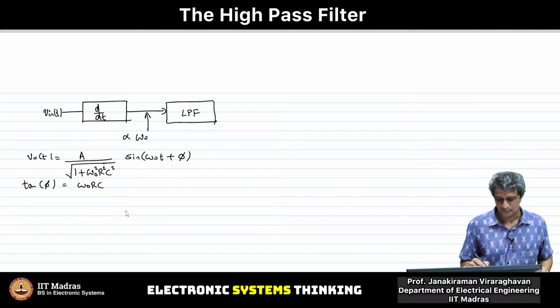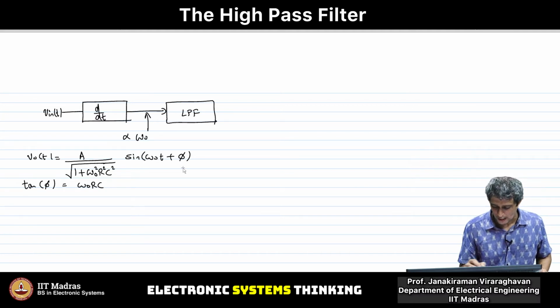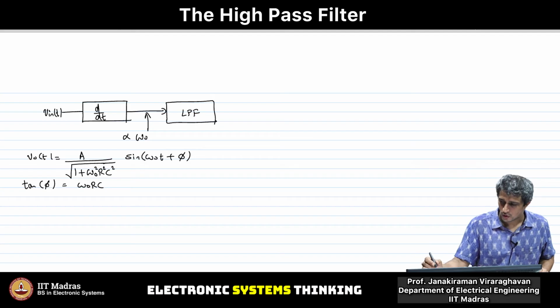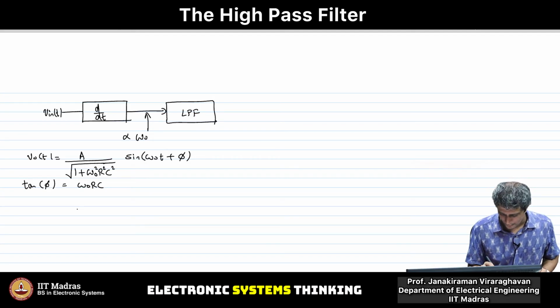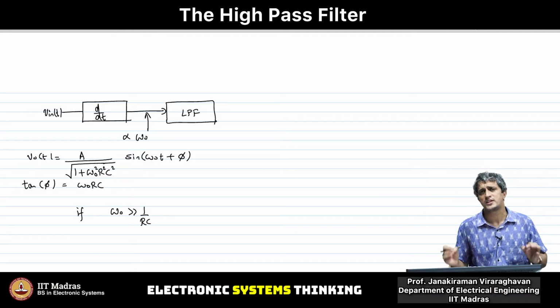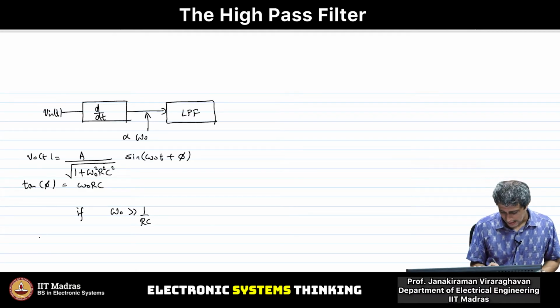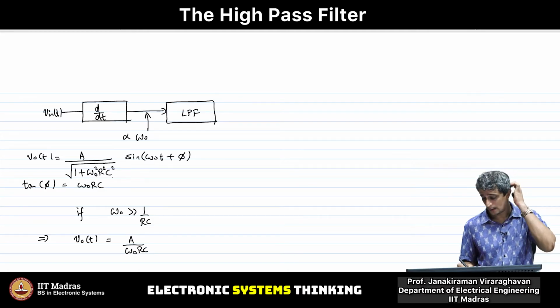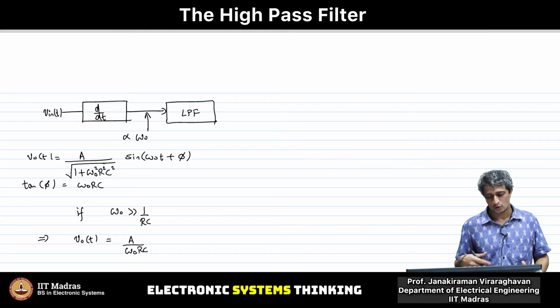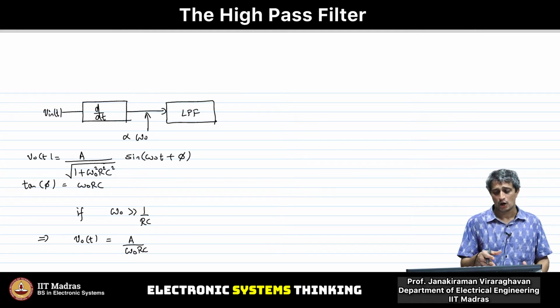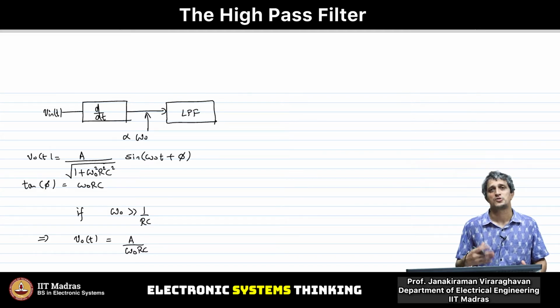of the low pass filter and just assume that omega naught is much greater than 1 over RC, a much higher frequency than the time constant of that system, then this V naught of t will simply become A divided by omega naught RC, because omega naught into RC will basically be much greater than 1.